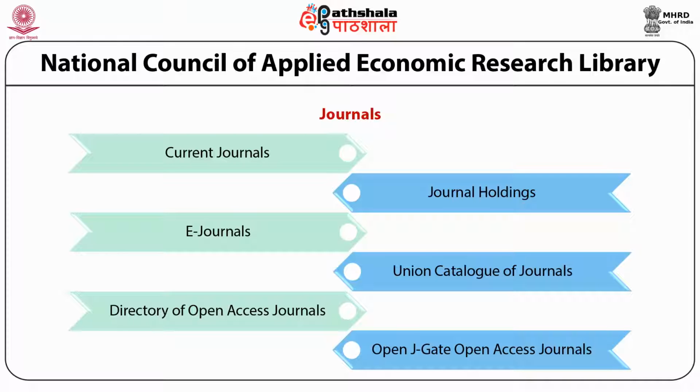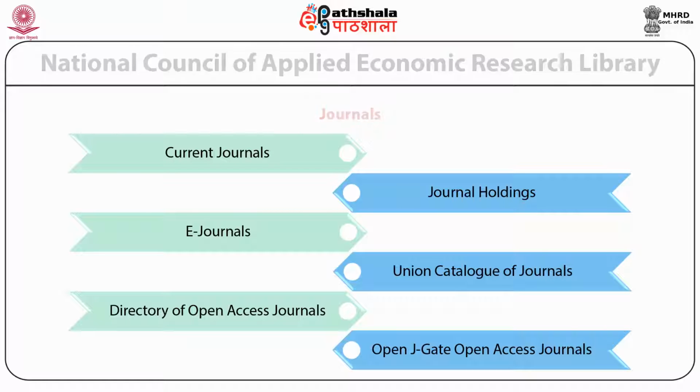It also provides the best possible services to researchers and has excellent documentation facilities. Its journal holding is also very impressive, and back volumes of most of the prestigious journals in the area of economics are available at NCAER.